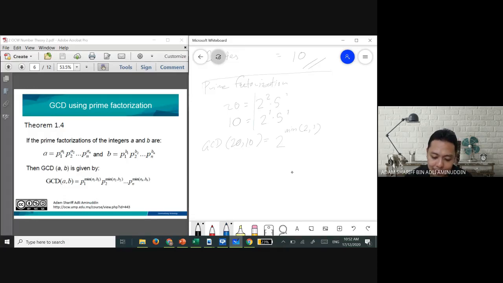Daripada sini, nampak ni 2 ni. We take the powers out and try to find the minimum between 2 and 1. Okay? Times 5 minimum 1 and 1. 2 yang mana lebih minimum? 1 times 5, 1. Therefore it will be 10. Jawapan sama dengan atas.